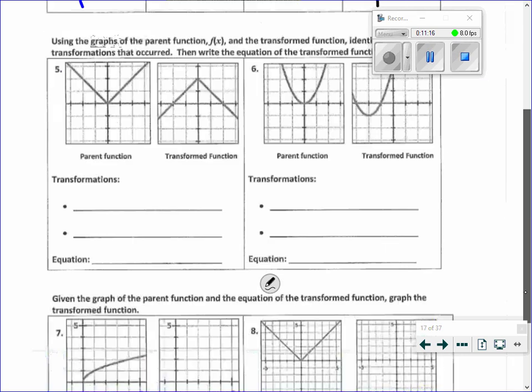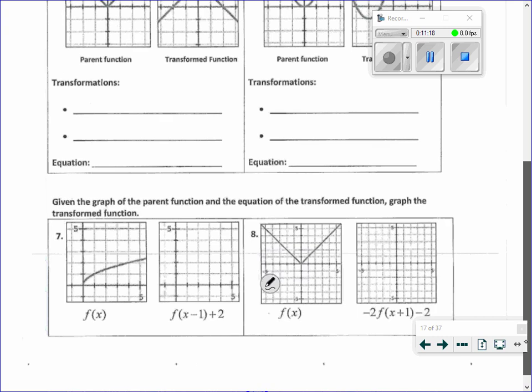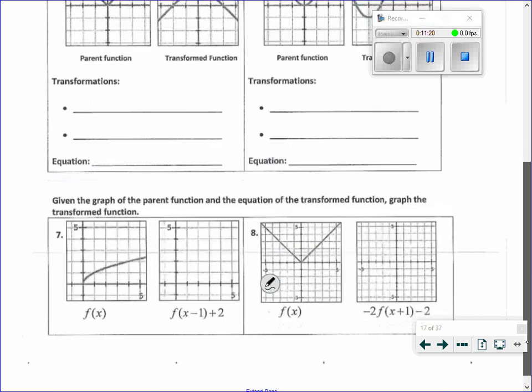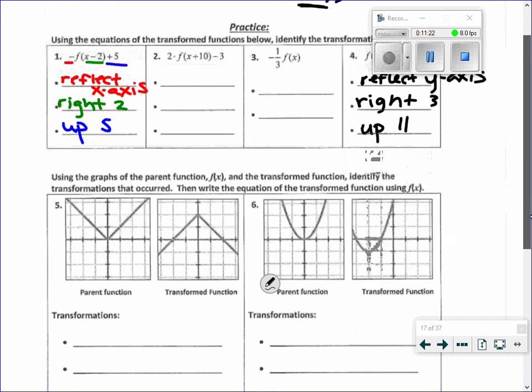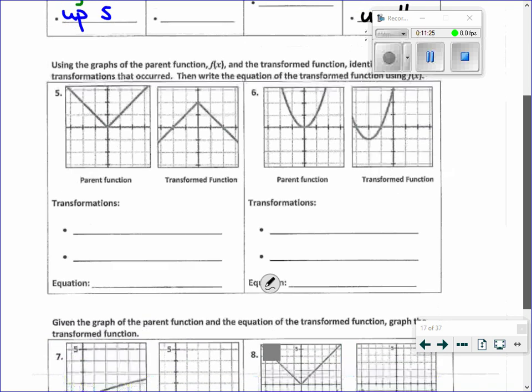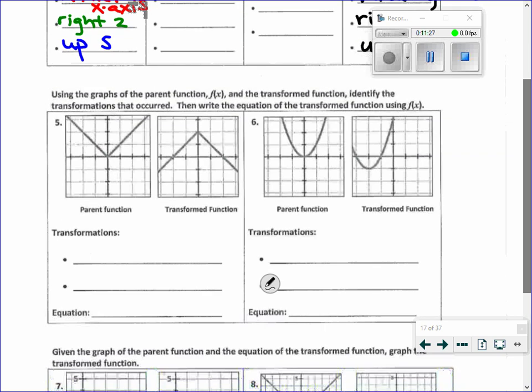So let's do number 5 together, and then you guys can try the rest of the page on your own. Checking out number 5, we are going to first state the transformations and then write the equation. Who notices one transformation that's happening here?